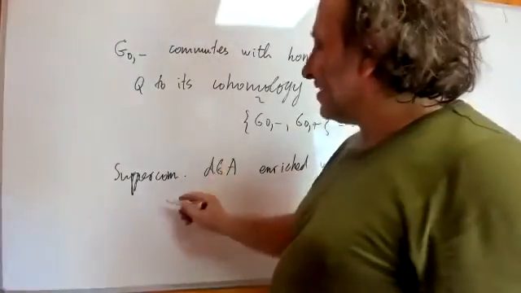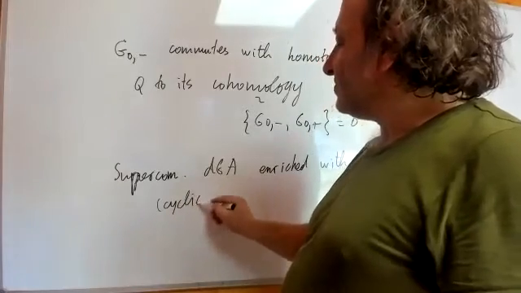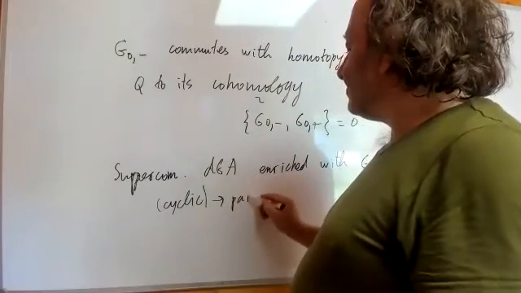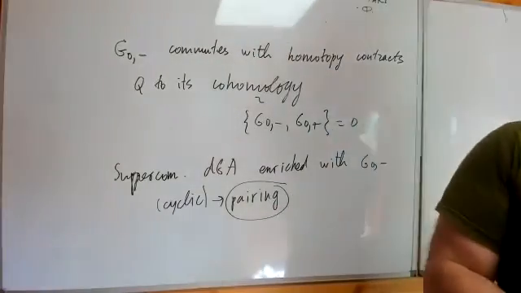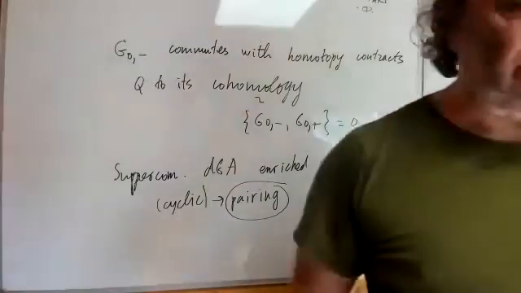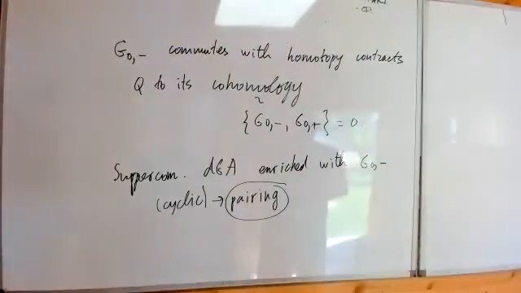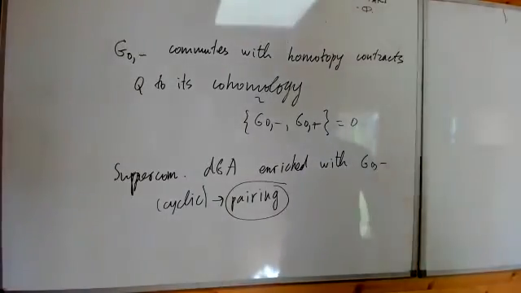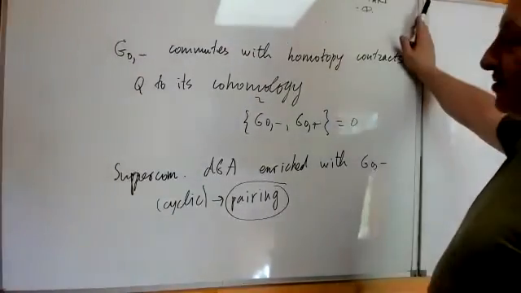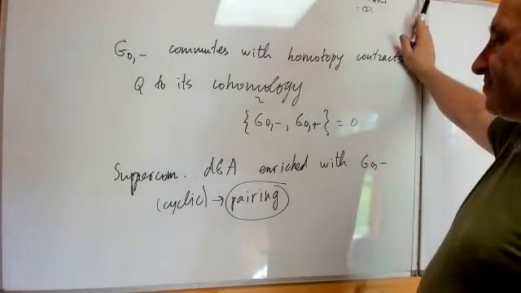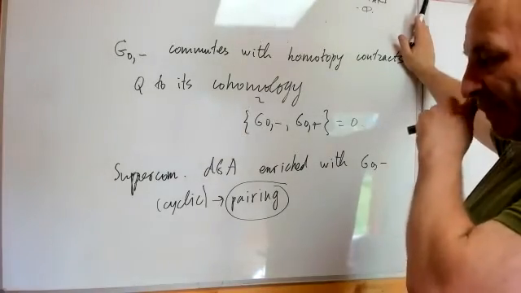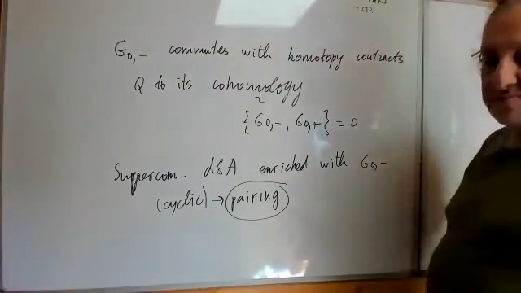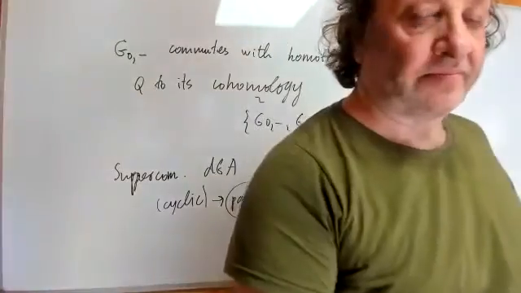And the last condition will be cyclic. So there will be a pairing. It will be possible to work without pairing, but with pairing, it would be even better. So an algebra enriched with G naught minus satisfying this condition 4 is called the BV algebra.